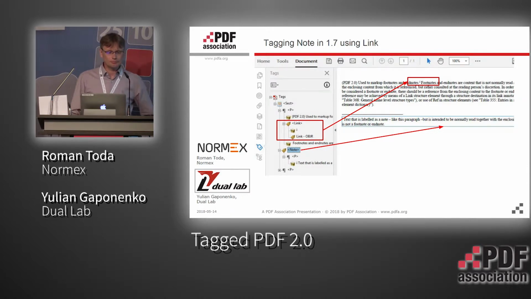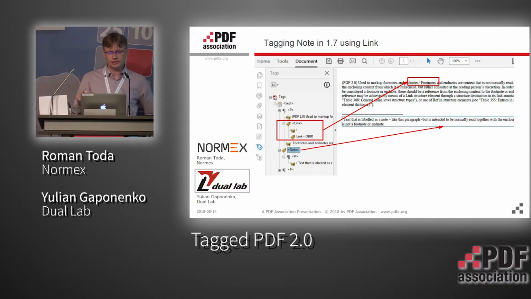Another new feature that was discussed during the 2.0 development is the usage of links and connections between the content and structure elements. In 1.7, to achieve something like described here, where you have a label that points to a note under the text, you could do that via a link.